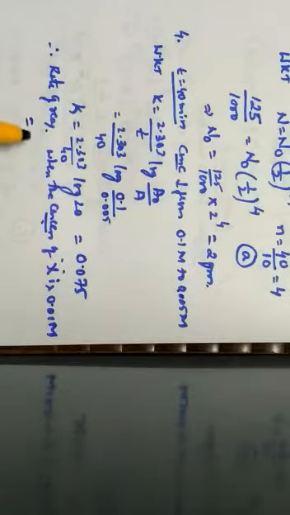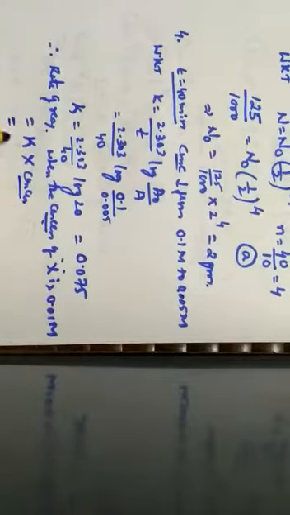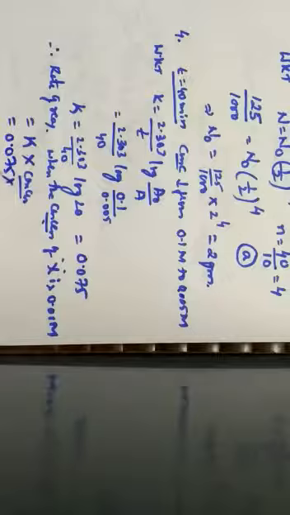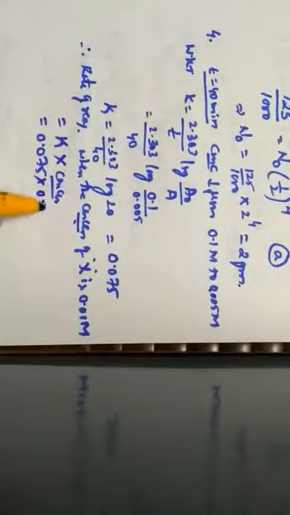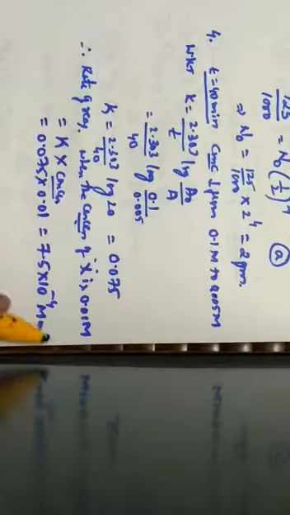This can be calculated by knowing the value of K into concentration. The value of K is 0.075, that is the rate constant. The concentration is 0.01, so the rate is equal to 7.5 into 10 to the power of minus 4 molar per minute.